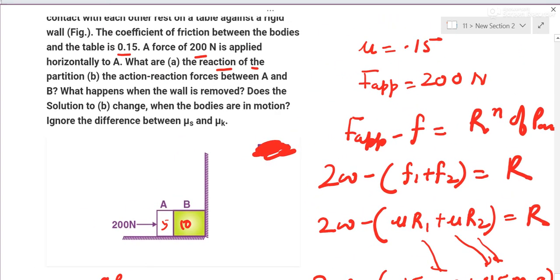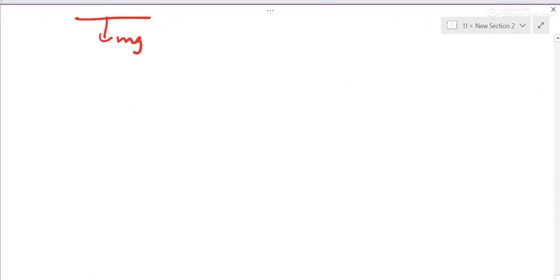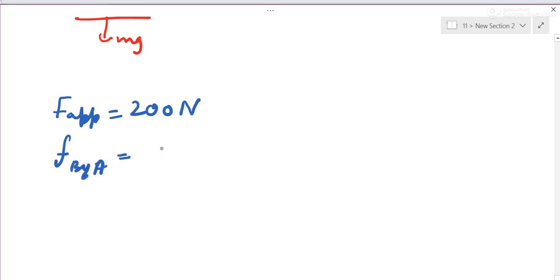Then let us see what is the next question. The action reaction forces between A and B. So, you can see force applied is 200. And now you talk about friction by A. How much friction will A offer?